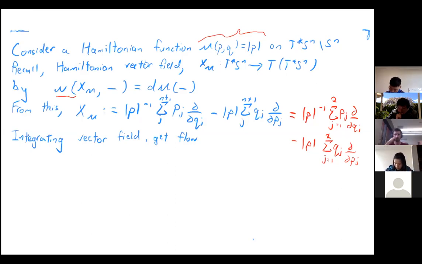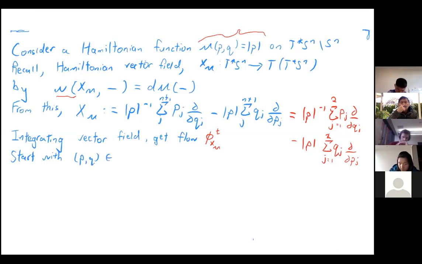Integrating this vector field, you will get a flow. If you look at this flow on your base space, start with a point and project to Sn.